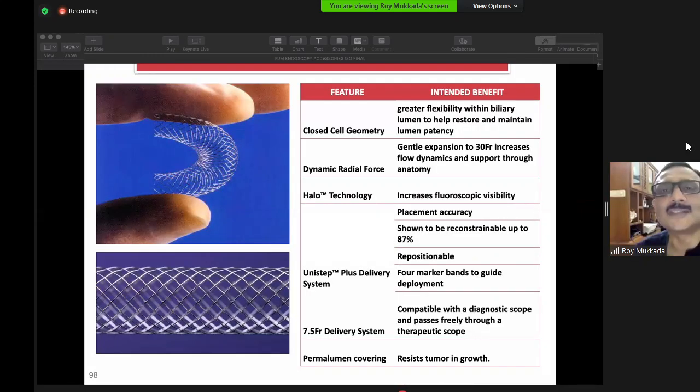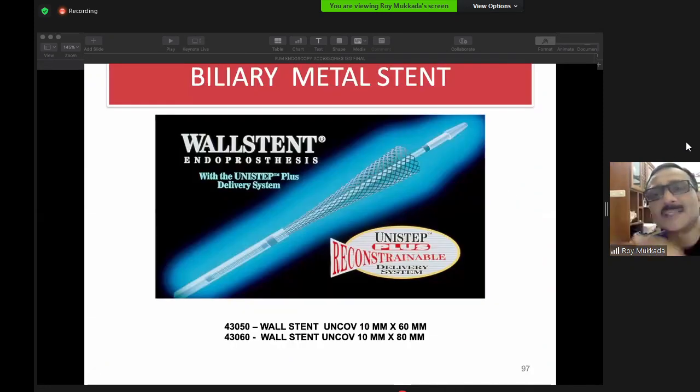So different companies make different stents. What are all the stents which are available for biliary problems? Metal stents, different types.